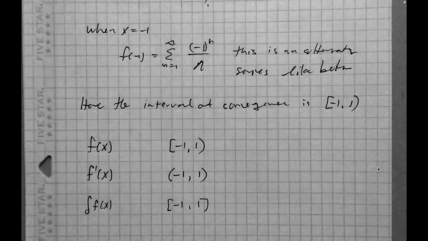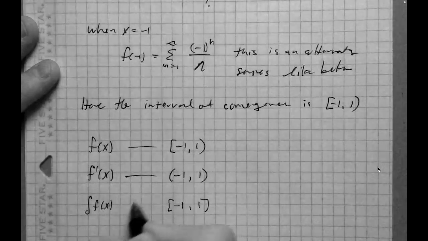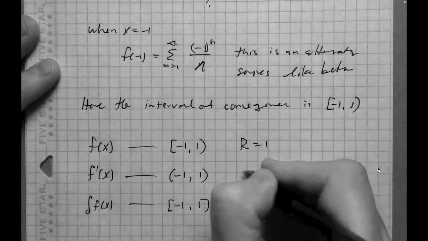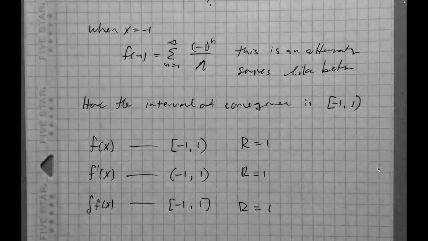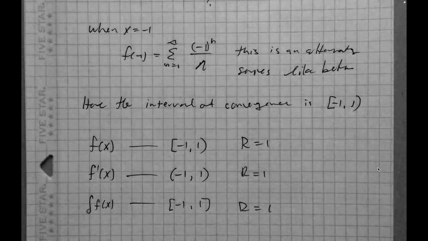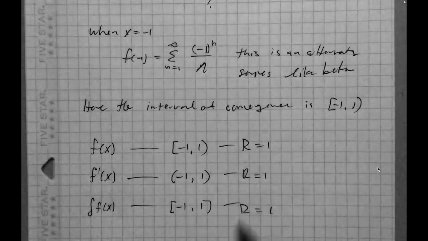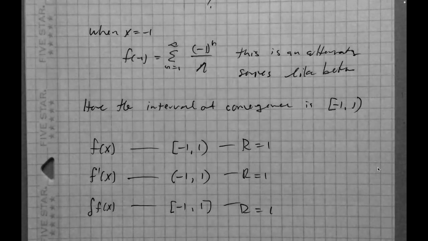Okay, and in each of these three cases, we confirm that R is 1. Obviously, we can see that R is 1 here, but the radius of convergence was the same for each of these functions, but the intervals varied, specifically with regard to the endpoints, right? And that's exactly what the theorem says will happen. Okay. All right, very good.